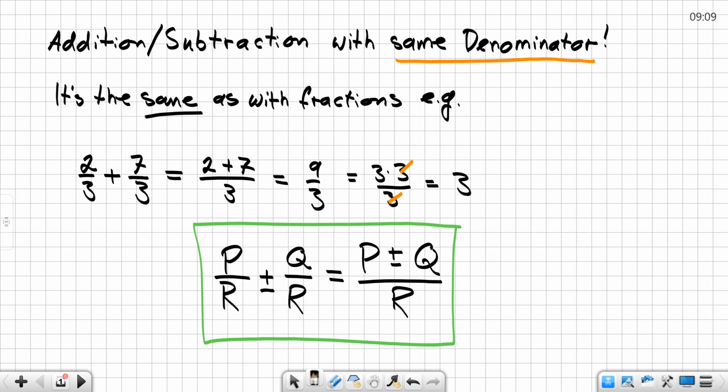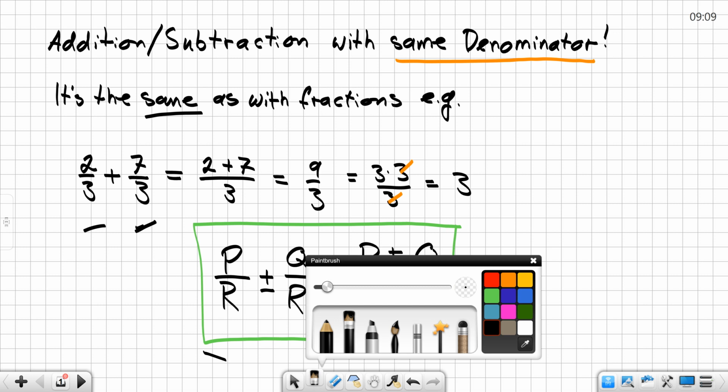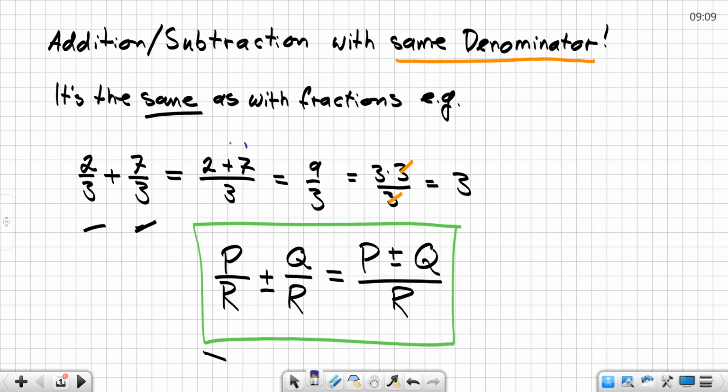That means with numbers. For example, if you were to look at 2/3 plus 7/3 and want to add these two fractions, then you are simply adding the numerators. 2 plus 7 is 9.